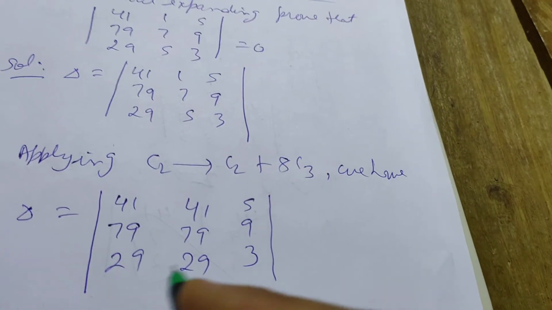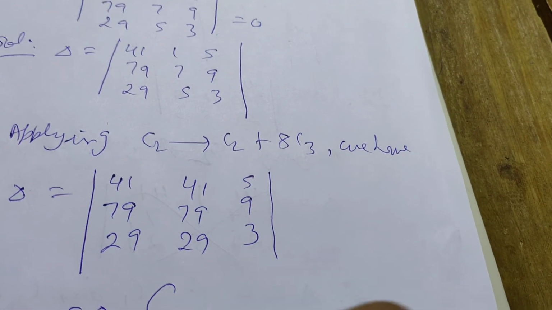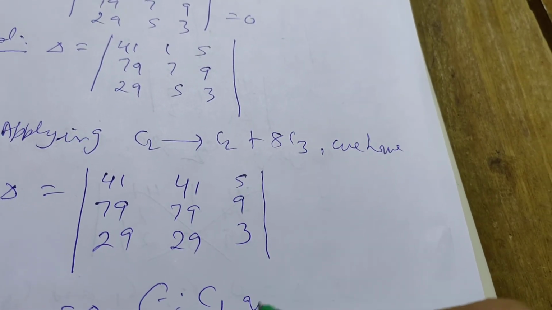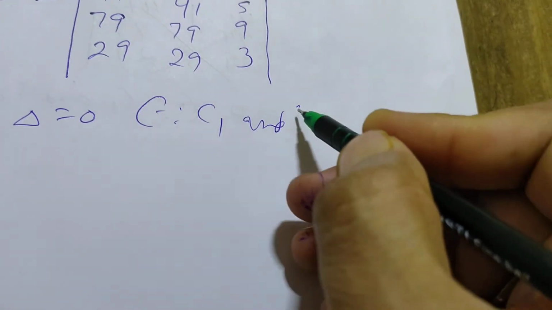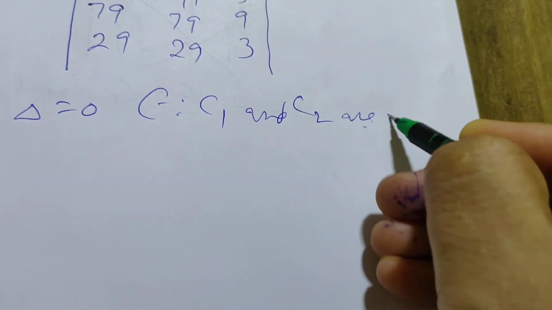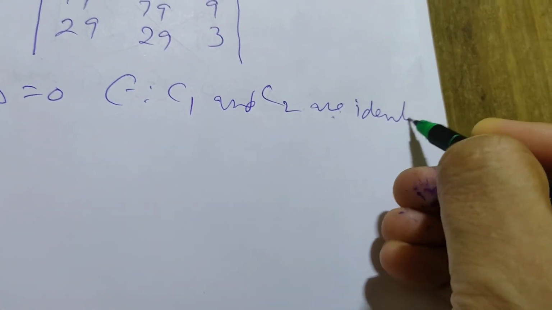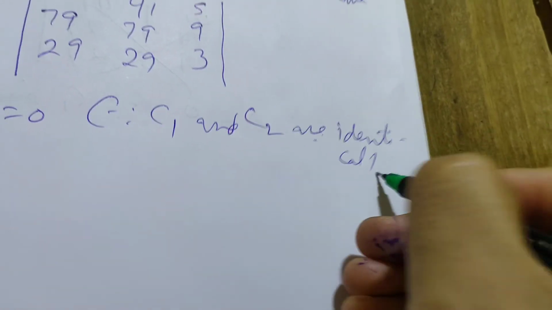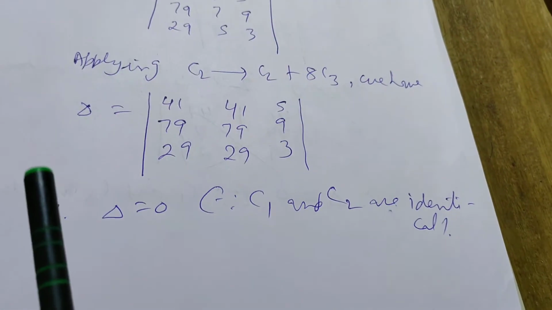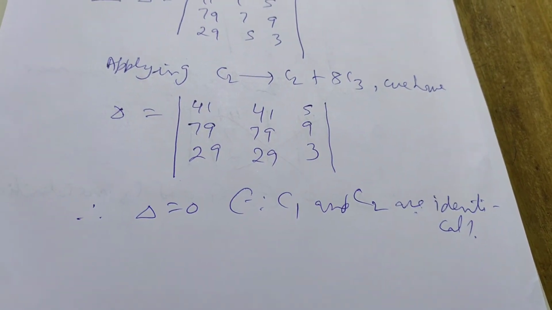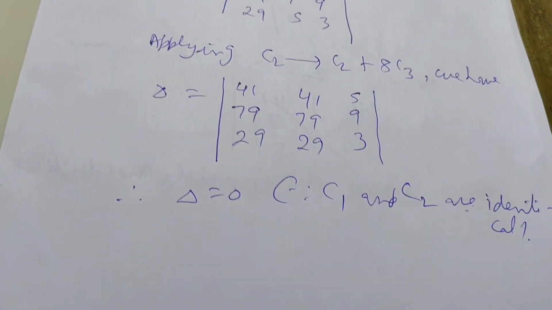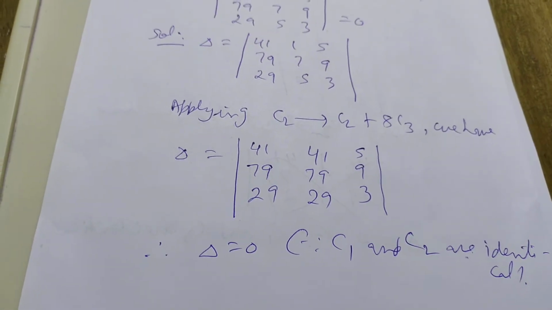Because column 1 and column 2 are identical. Whenever you know that two columns are identical or two rows are identical, the value of the determinant is 0. So this is our first question.